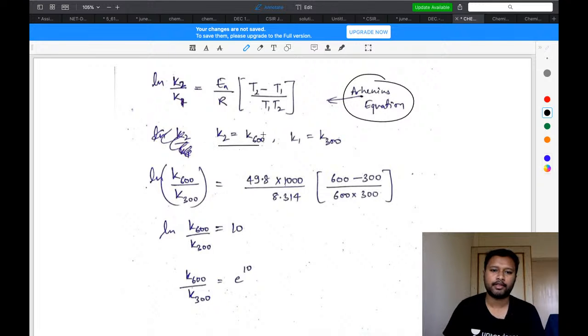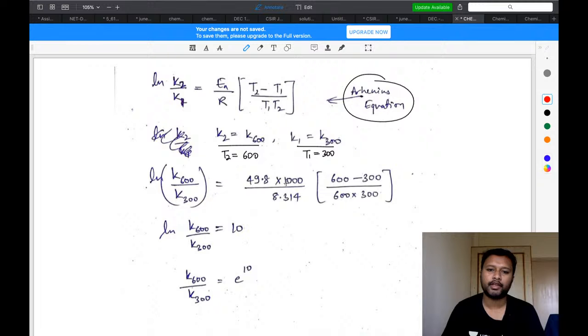K2 value is given as K600, K1 value is given as K300, so T2 will become 600 and T1 will become 300. Just substitute all the values in the equation. So ln K600 upon K300 will be equal to 49.8, because you have to put the activation energy, and that was given in kilojoules, so you have to convert it into joules.